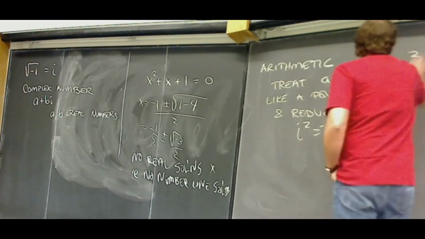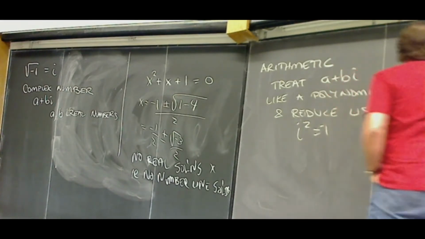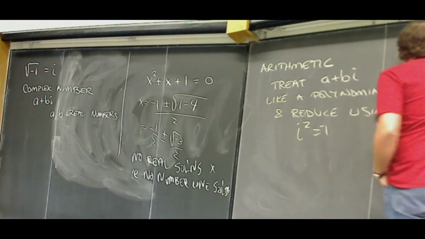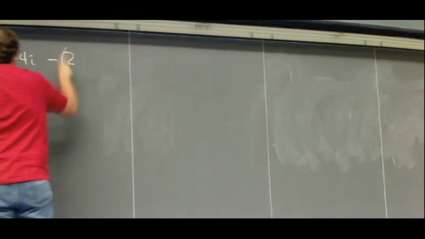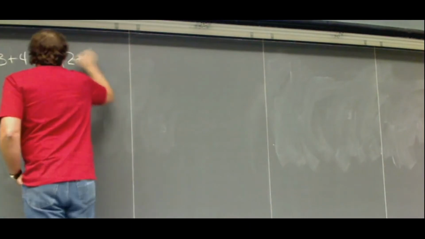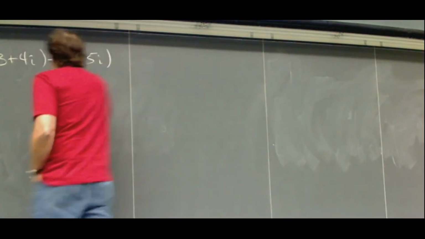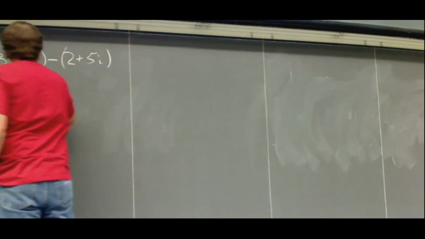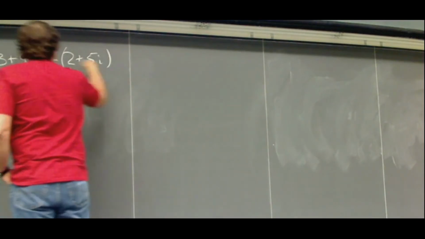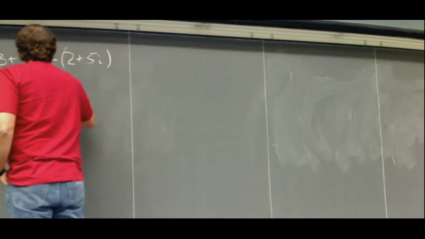So if I want to do 3 plus 4i minus 2 plus 5i, I just do 3 minus 2 is 1, and 4 minus 5 is negative 1.